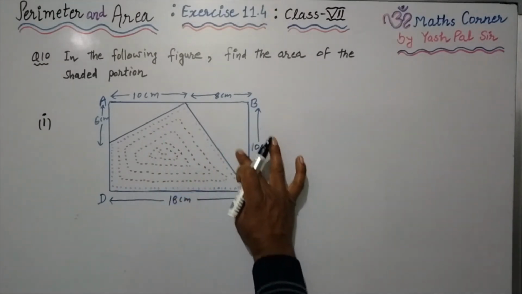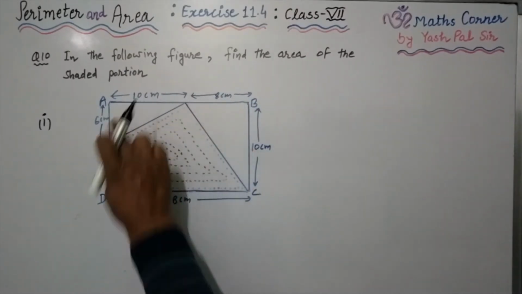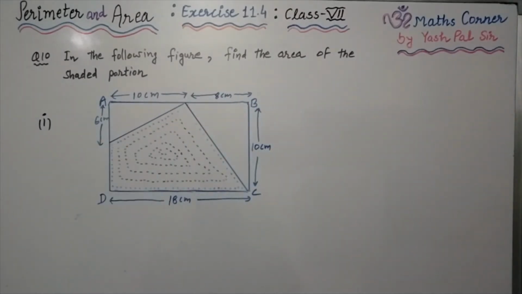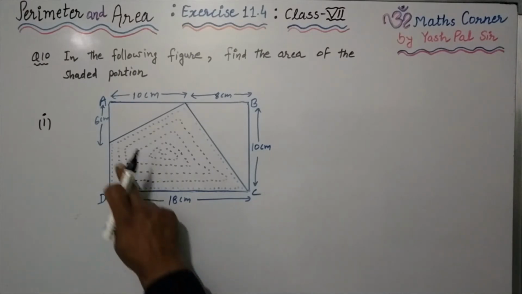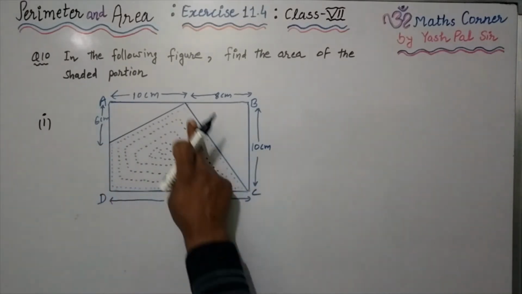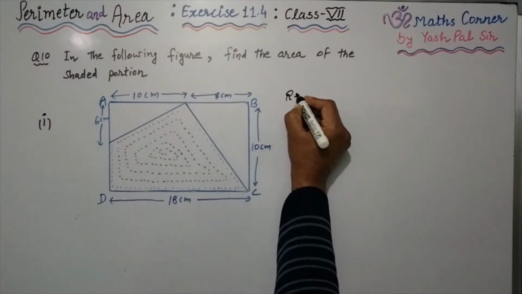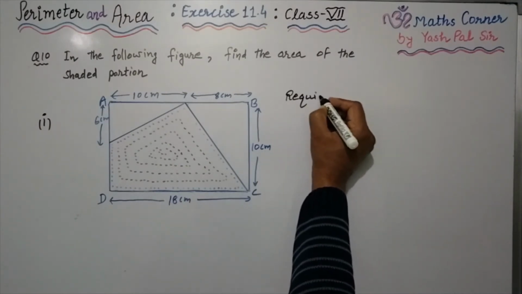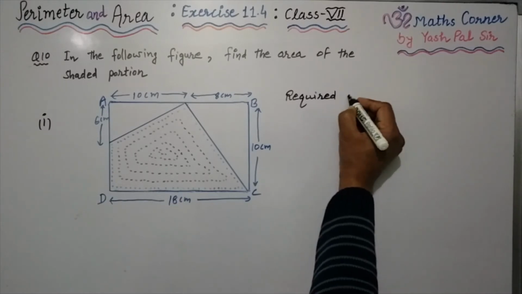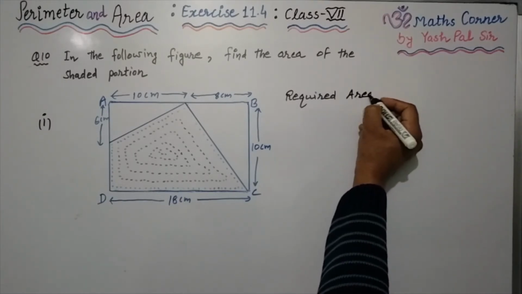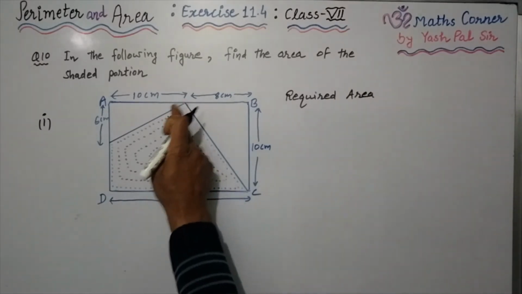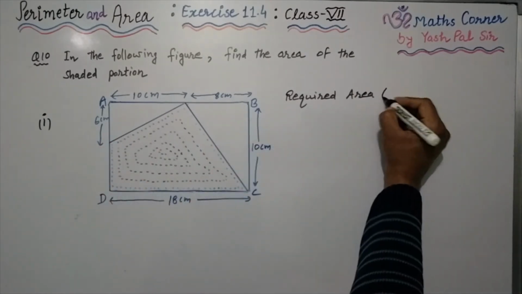Out of this full rectangle, if we subtract these two triangles, then we are left with this shaded portion. So we write here required area. Required area means this shaded portion.